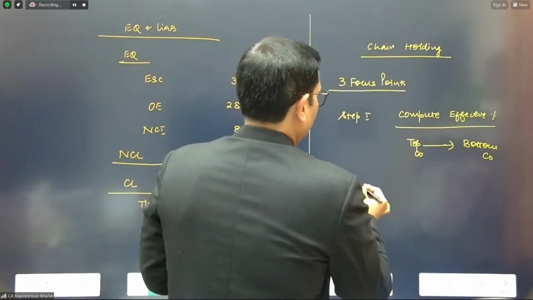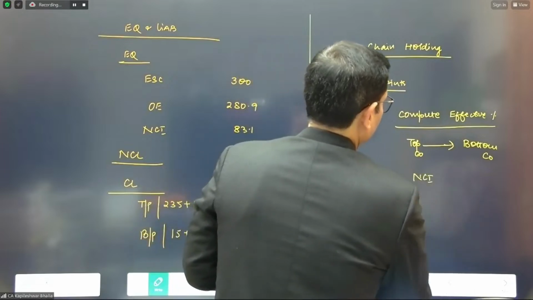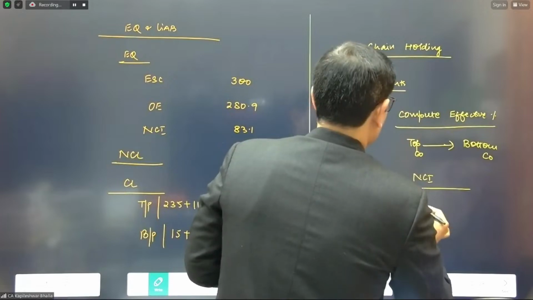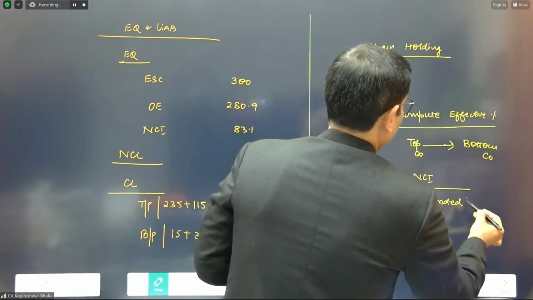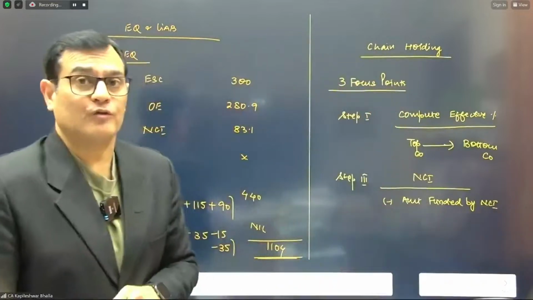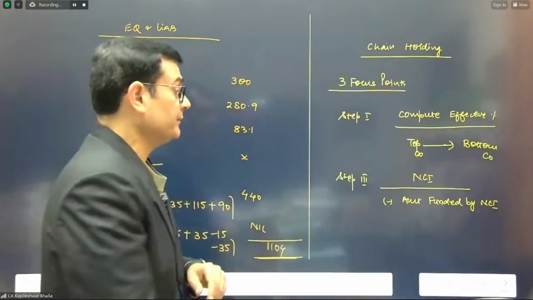Then when you go to step number 3, in terms of NCI, you need to reduce the investment value by the amount which is funded by the NCI.